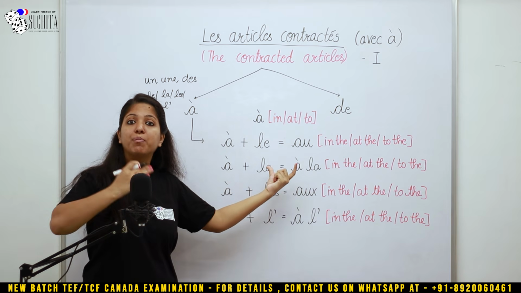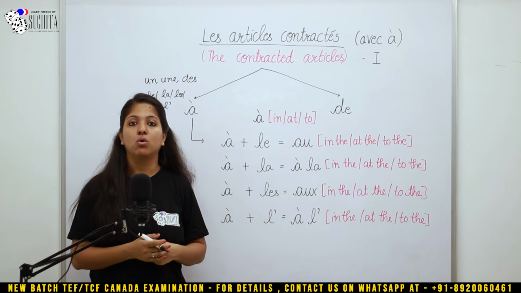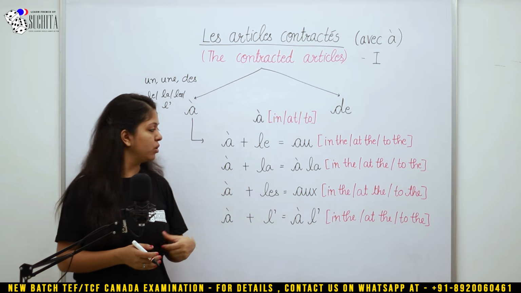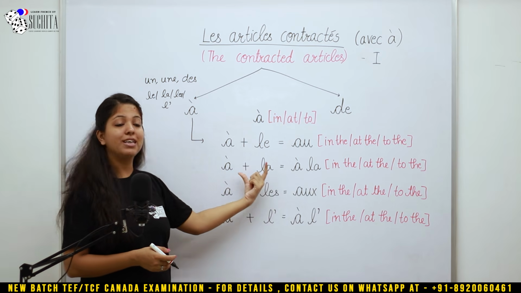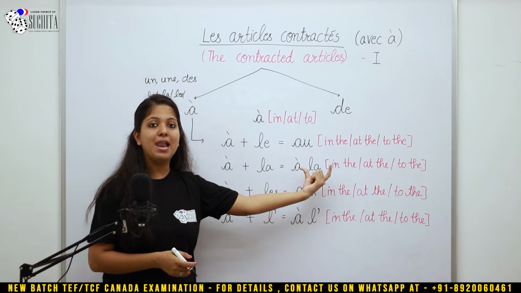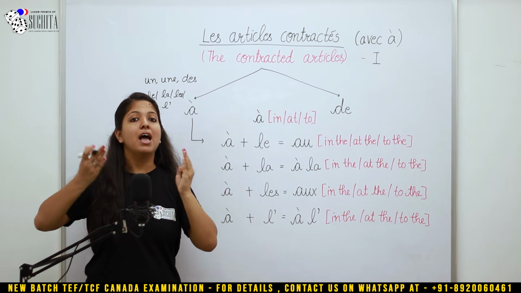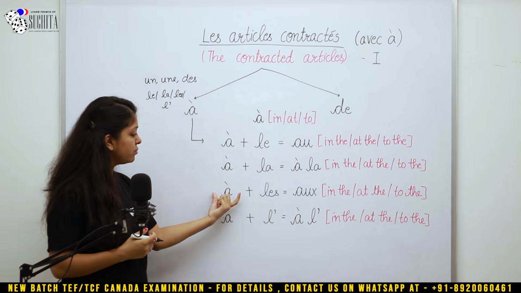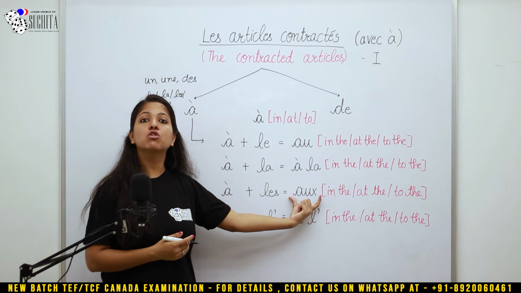Rather, if you have à plus le, the contraction happens and it becomes au. Okay? À plus la. So here it is written exactly in the same manner. À la. So there is no change. If you have à plus la vous allez écrire à la. D'accord? À plus le. So it together becomes au.